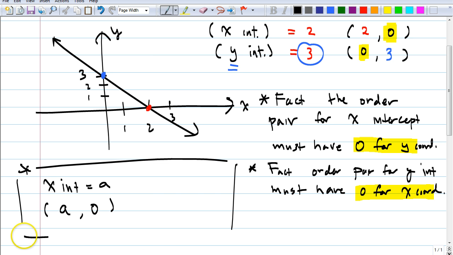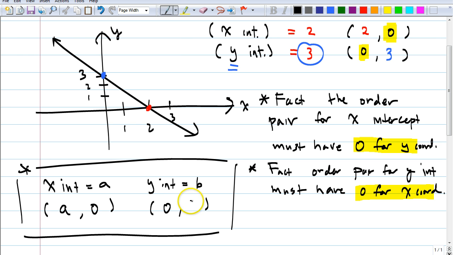And what about for the y-intercept? What letter should I use for the y-intercept, by the way? B. Do you see why, in slope-intercept form, y equals mx plus b, B represents the y-intercept? So what's the ordered pair for the y-intercept? 0, comma B. Very good.